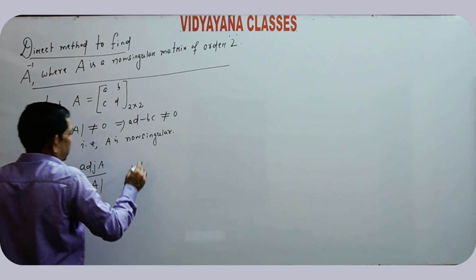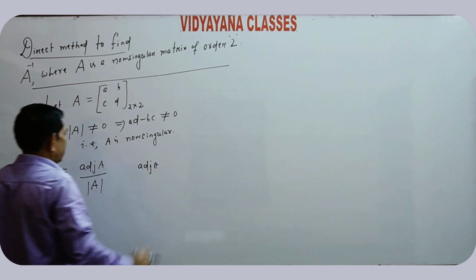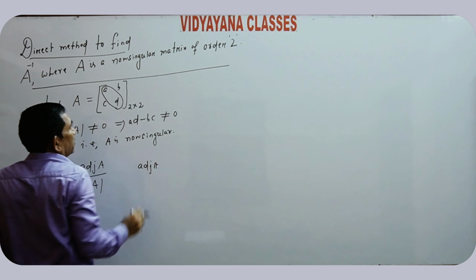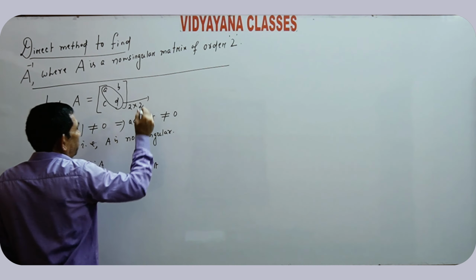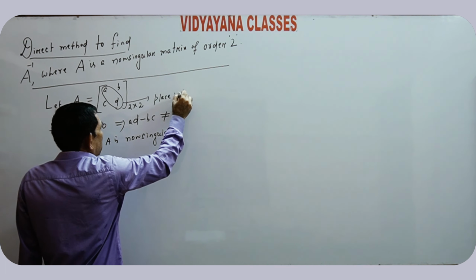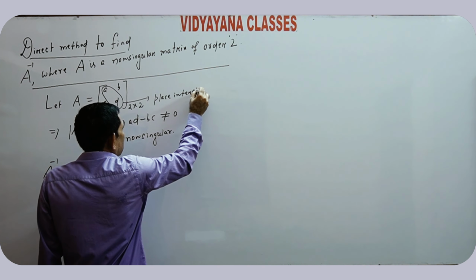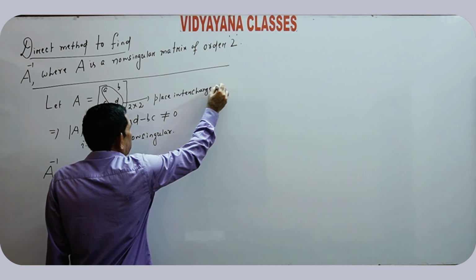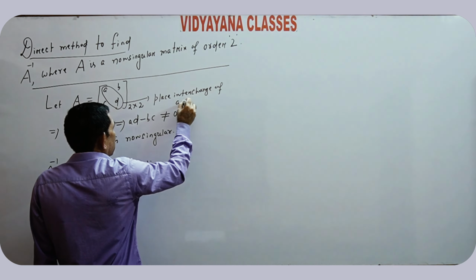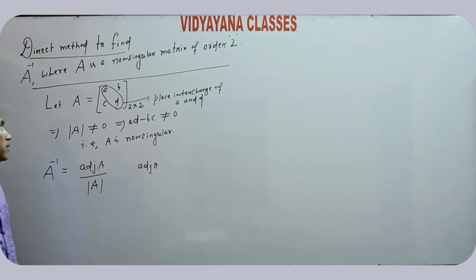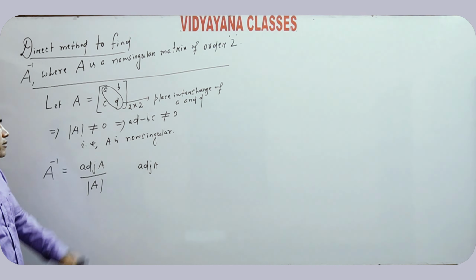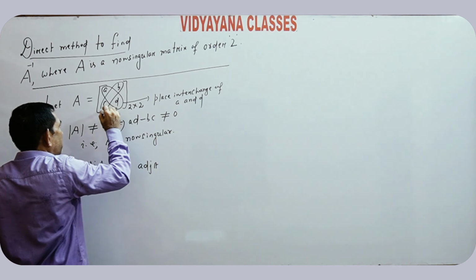Adjoint of A means place interchange of A and D. We have discussed it is the place interchange of the diagonal elements, that is A and D, and sign interchange of B and C.